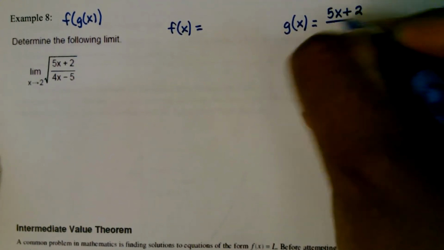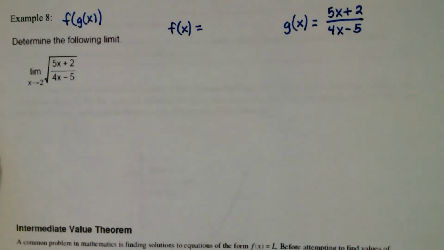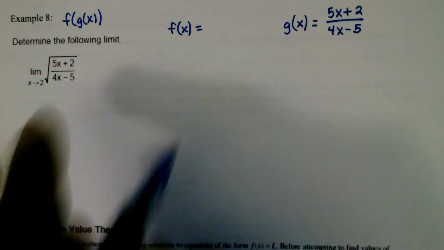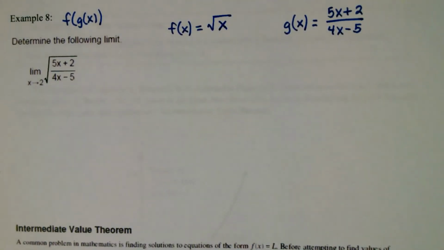And since this was put in place of x, f of x had to start off as the square root of x. So f of x is the square root of x, and g of x is 5x plus 2 divided by 4x minus 5.